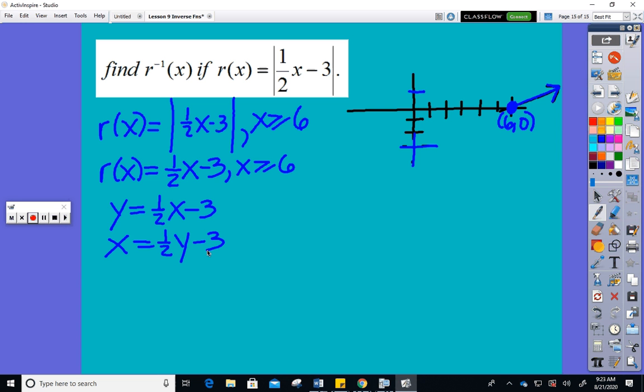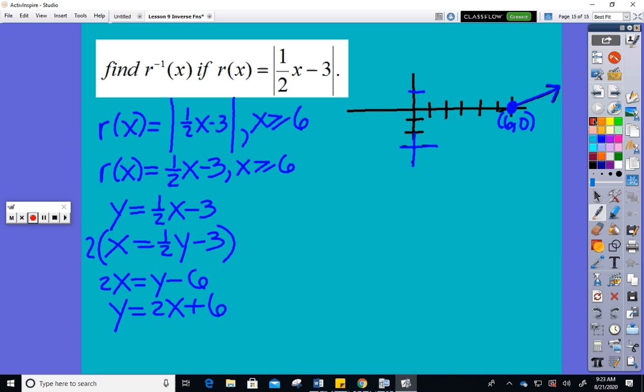When I work with that, I don't worry about the conditional statement. I'll come back and pick it up at the end. So let me multiply everything by 2, or you can add 3 first, either way. So that's going to give me y equals 2x plus 6. Now, I know lines are functions, so I'm going to change this to red.